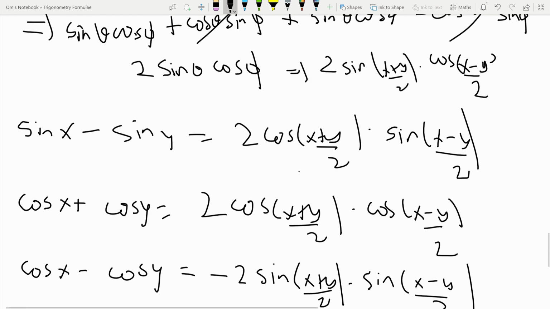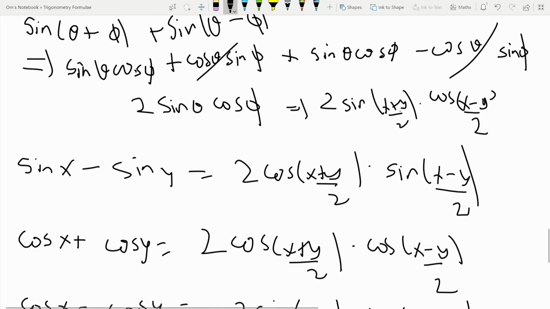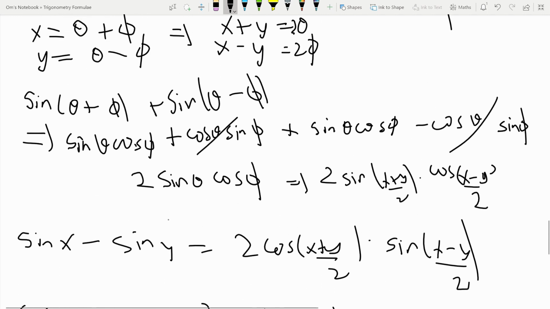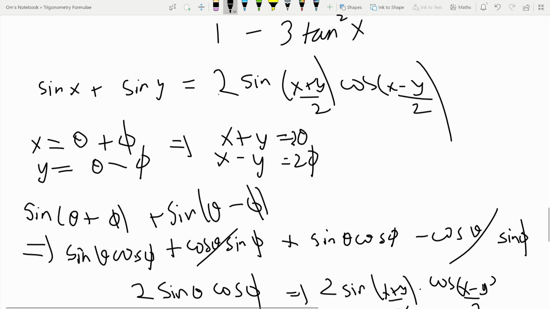So these are what you would normally call the transformation formulae, that is to convert from a sum to a product and vice versa. And that is vice versa because you can always write this as 2 sine theta cos phi, and then this would be sine of theta plus phi plus sine of theta minus phi.